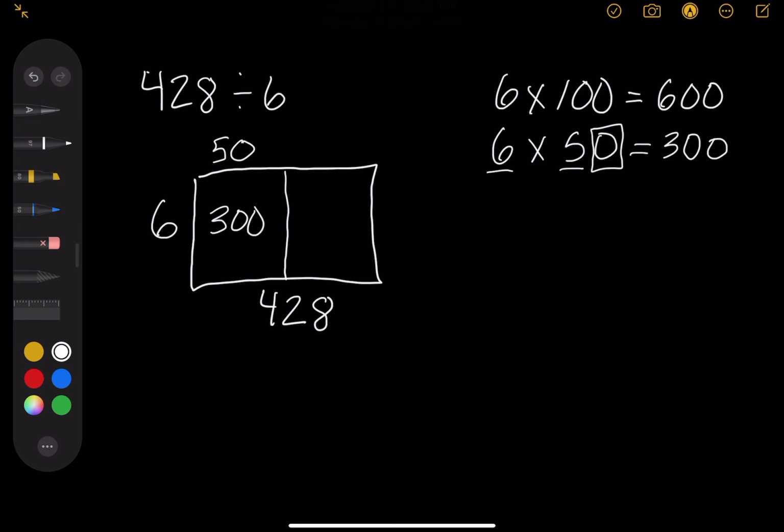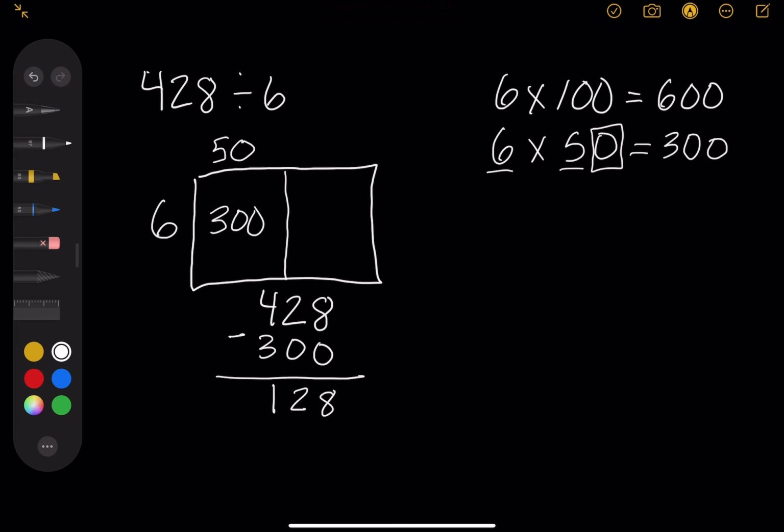So now what's the next step? That's right, subtract. We're going to take that 300 away from 428. That leaves us with 128. Okay, let's keep going. So I just used 6 times 50.